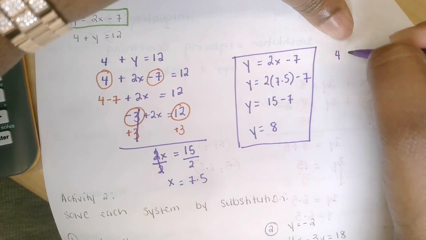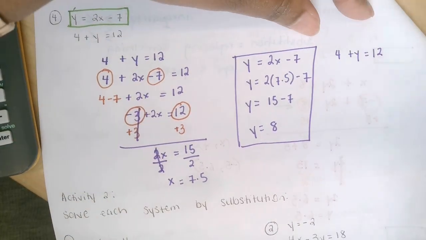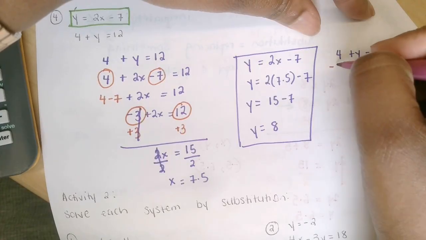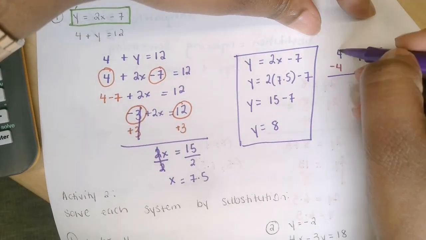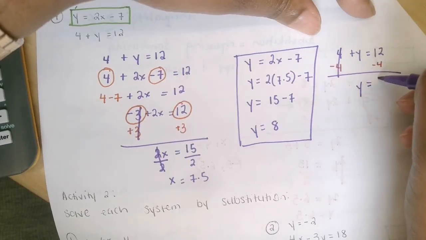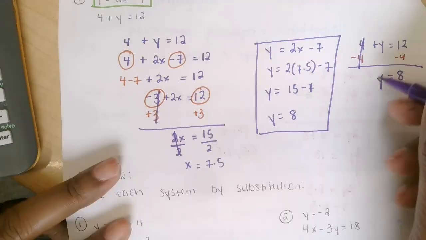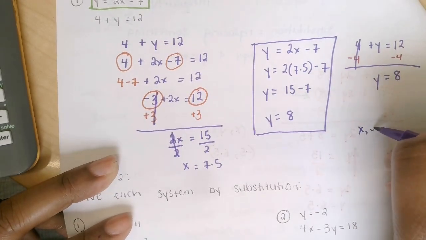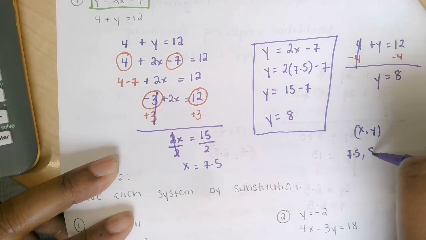Or if you want to use 4 plus y equals 12, you're going to bring 4 to the other side. Y is equal to 8. Whichever way you want to use, you still get the same answer. So your final answer will be x comma y. X is 7.5, comma 8.